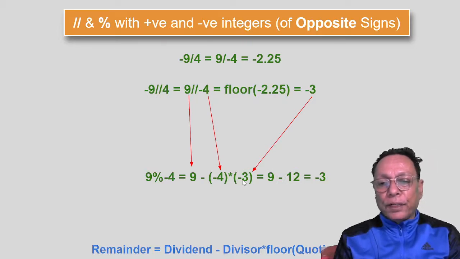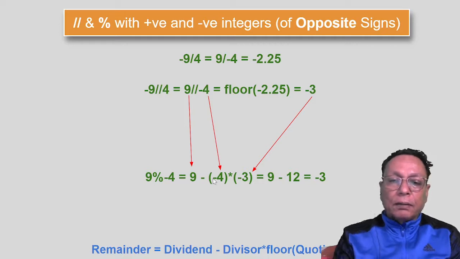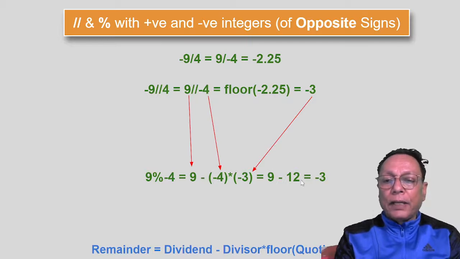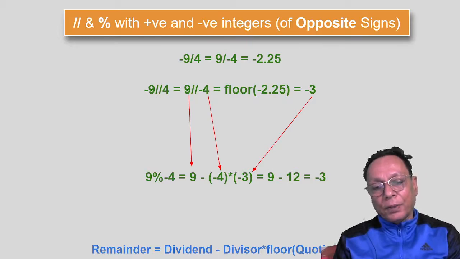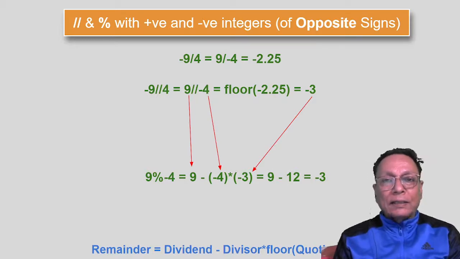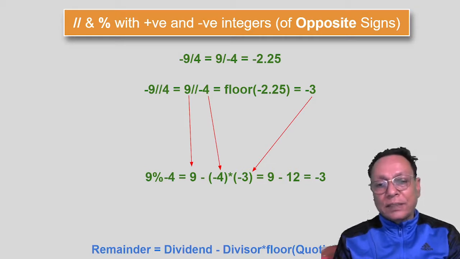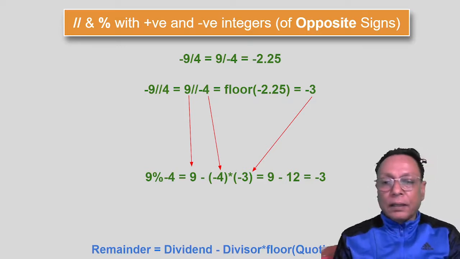So 4 into 3 is 12, and the minus which is outside the parenthesis, that is why it is 9 minus 12, and hence it gives you minus 3 as the remainder. So when the dividend is positive but the divisor is negative, in that case the remainder will be negative. So here minus 3 is the remainder.